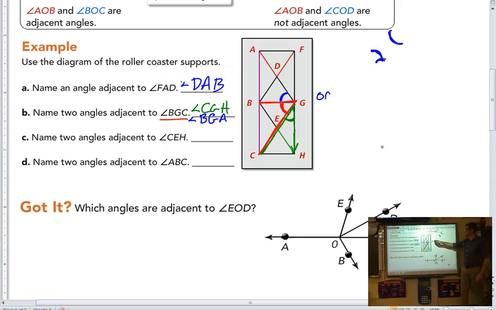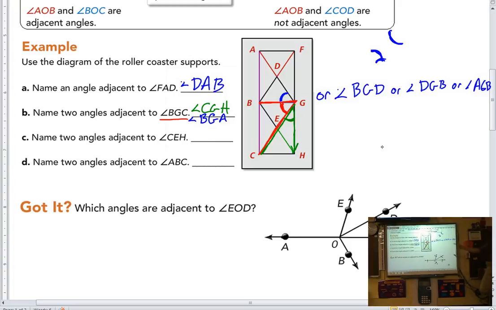So that could also be angle BGD, just changing point names, or DGB, or AGB. No, you don't have to list all of them. I'm just making sure that you understand there are a lot of ways to name the same angle. Questions on naming that blue angle?